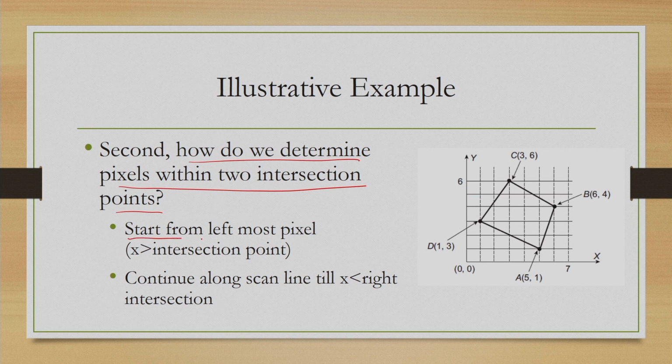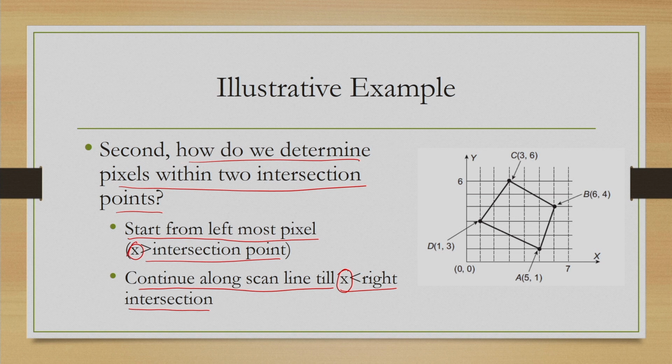We start from the leftmost pixel, which is either the intersection point or just next to the intersection point, and then continue along the scan line till we get a pixel value which is less than the right intersection point. Pixel x coordinate we check in all these checks.